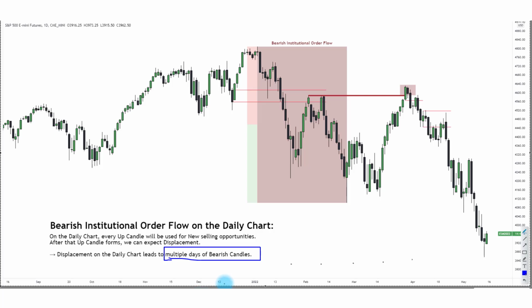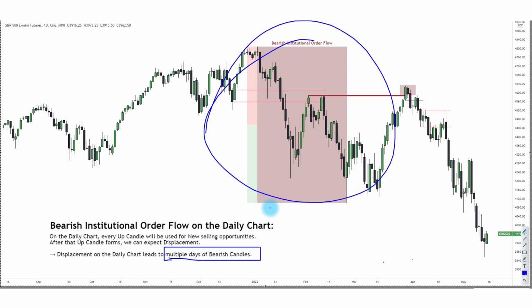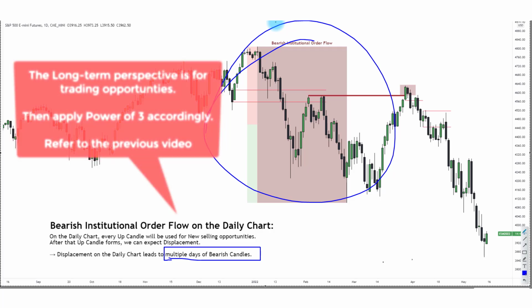Now why is this very key for us day traders? Well, this is key because we're not looking for opportunities to enter on the daily chart, but we're looking for opportunities. So once we say multiple days are going to be bearish, that means whenever we go intraday on an intermediate term or a short term perspective, all we have to do is wait for price to trade above that high, and then we're looking for our sell entry, and we're going to wait for the daily candle close, and wait for that range expansion for our profits.